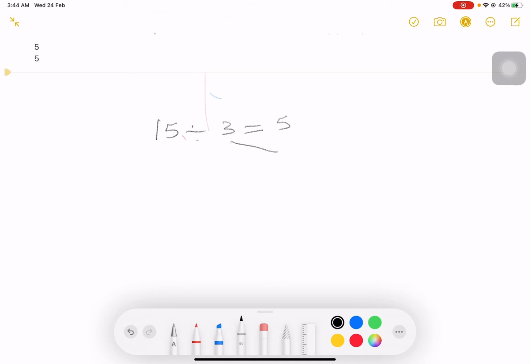Why? Because 3 times 5 is 15. If I have this, we call it dividend, this we call it divisor, and the answer we call it quotient.